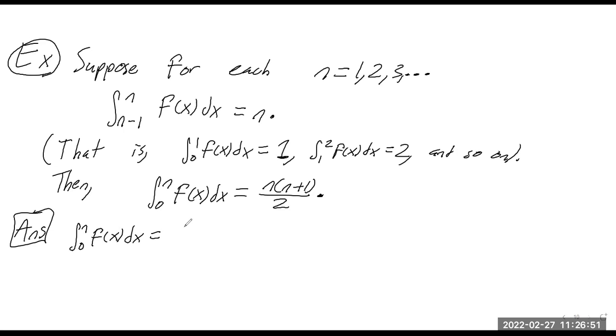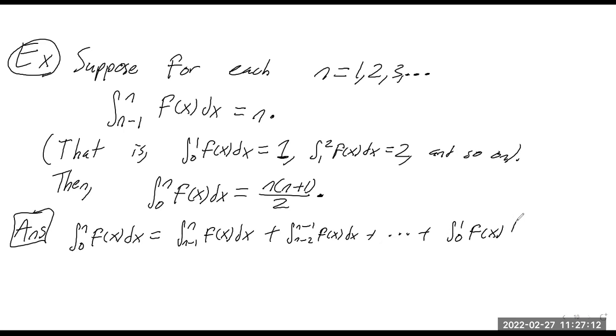So the integral from 0 to n is like the integral from n minus 1 to n plus the integral from n minus 2 to n minus 1, all the way down to the first integral, 0 to 1. And for all of these, we know their values. We know n plus n minus 1, and so on, until we get down to 1.